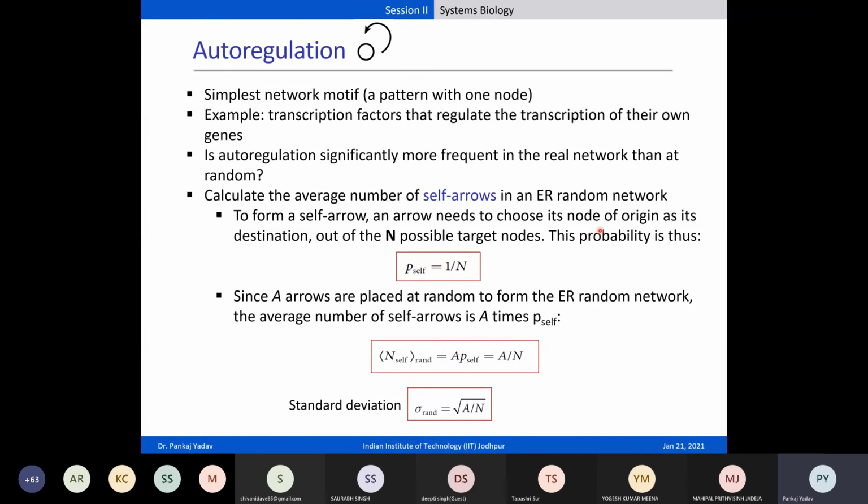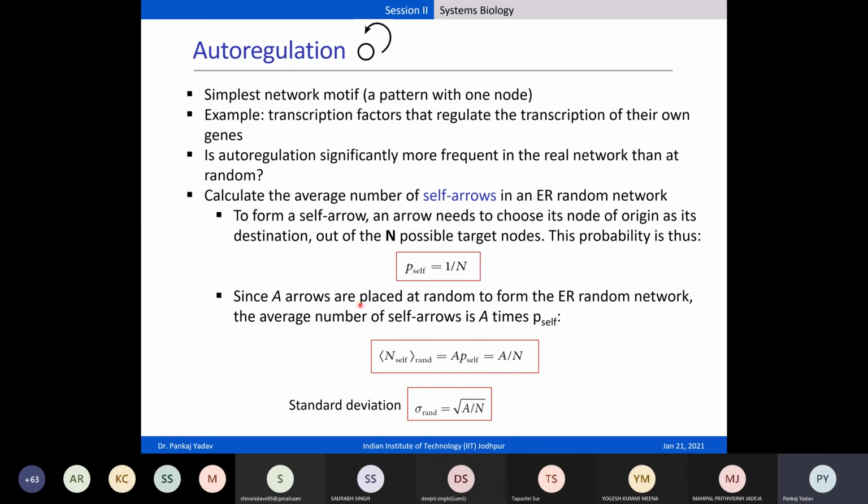So if we start from this node as origin, we have 1 by n probability of coming back to the same node as destination. So the probability of a self loop, or self arrow, is 1 by n, where n is the total number of nodes in the network.